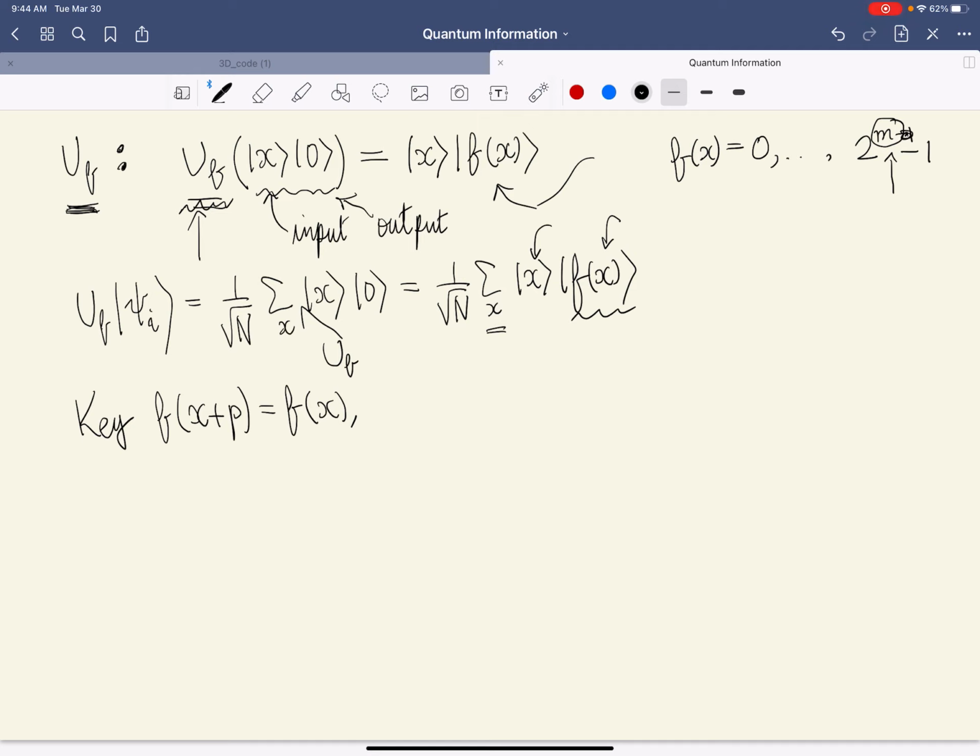So to make the situation more concrete, I'm going to assume that the period p is some factor of the overall N. Remember that N was 2 to the little n, where n is the number of qubits in the input register.